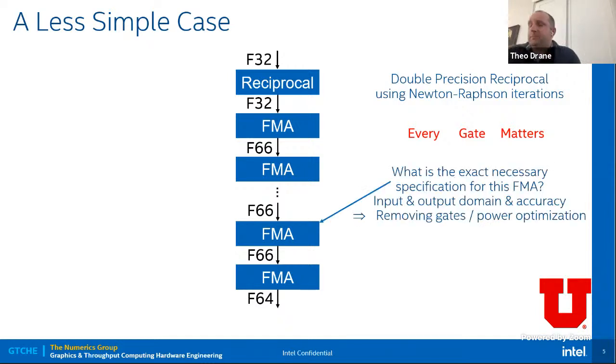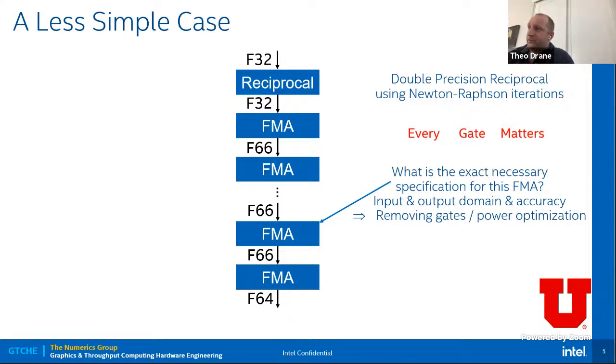What does that mean in this setting? Well, in the middle of this operation list, I have an FMA, and I actually need to know the exact specification for the FMA. I need to know the exact input domain. It's been nice to see some of the talks discuss input domain. The really cool thing is that if I know exactly what the input domain is, I can build bespoke hardware to do just that.